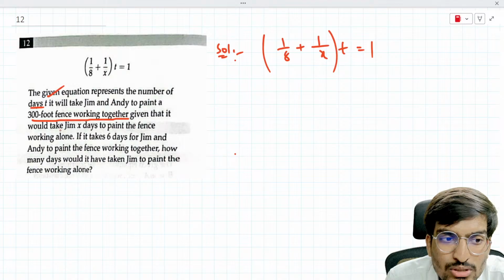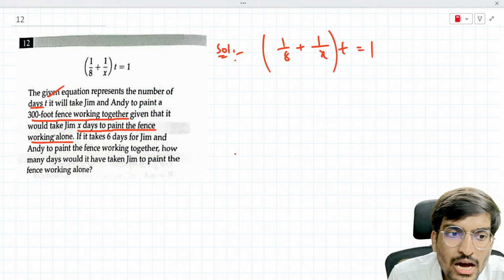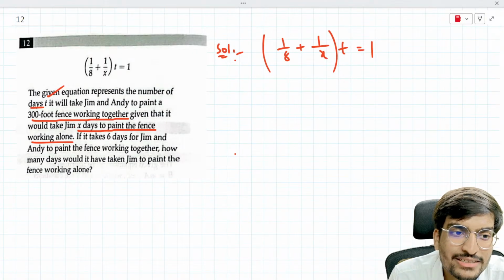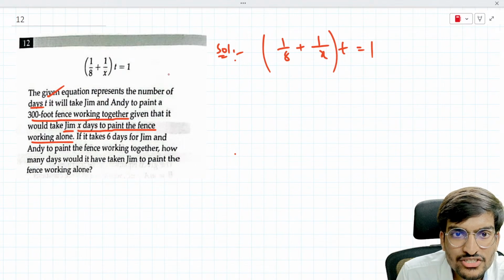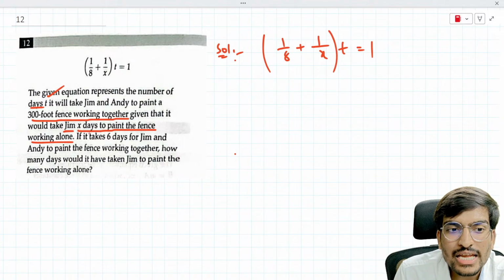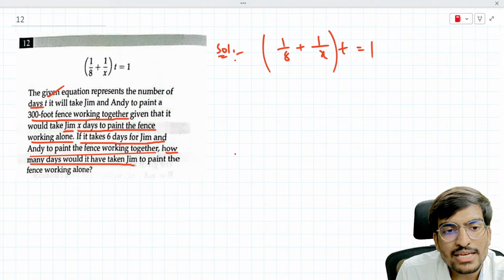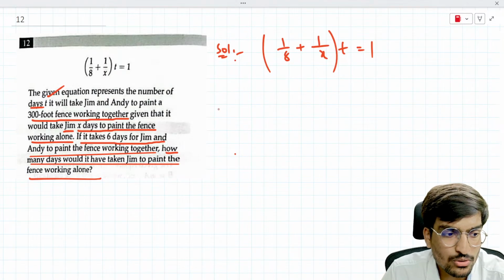Given that it would take Jim x days to paint the fence working alone. Only to paint by Jim alone, it is x days. Now they clearly mention it is x days. If it takes 6 days for Jim and Andy to paint the fence working together, how many days would it have taken Jim to paint the fence working alone?